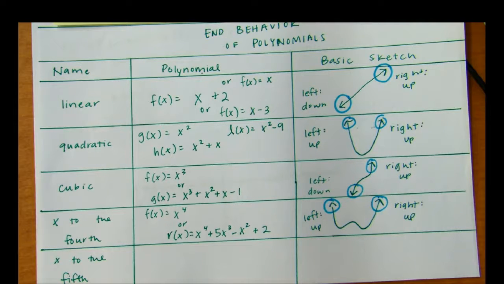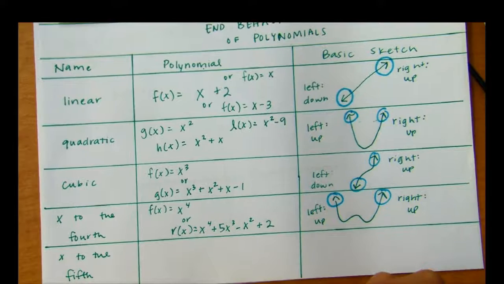Okay. See if you can recognize a pattern between my end behavior and my polynomial. What do you think the end behavior for an x to the fifth is going to look like? Okay, let's see if your prediction was correct.